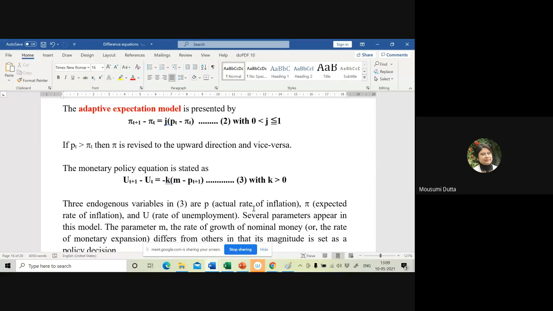Adaptive expectation means: the expected inflation rate in the T+1th period minus the expected inflation rate in the Tth period will be a function of the actual inflation rate in the Tth period minus the expected rate in the Tth period.